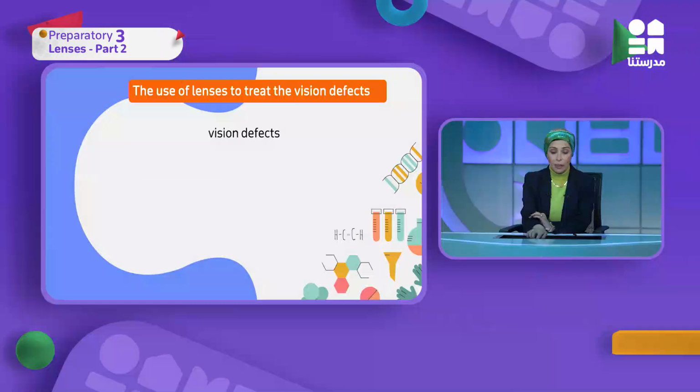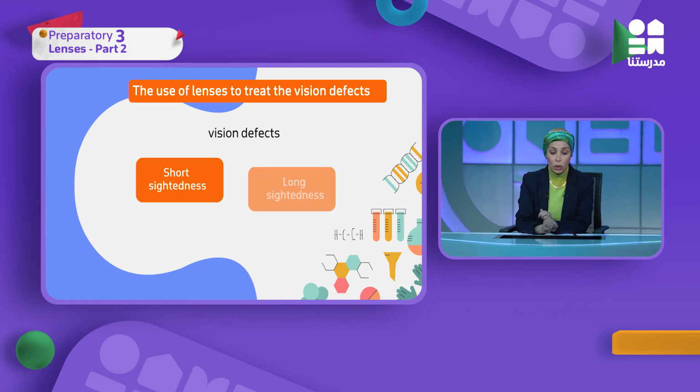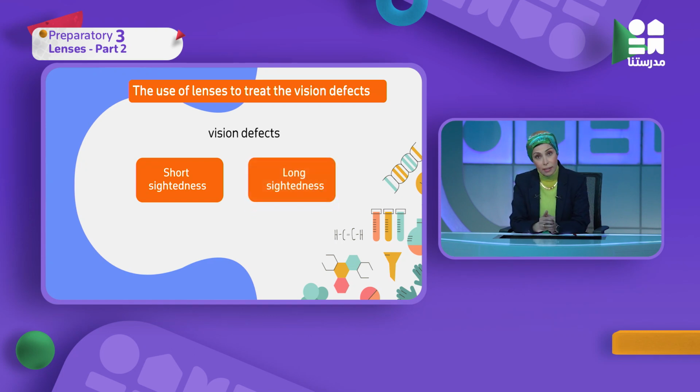Now we are going to discuss the vision defects. How many vision defects do we have? We have two types of vision defects. The first one is called short-sightedness, and the other one is called long-sightedness. We are going to start with short-sightedness.